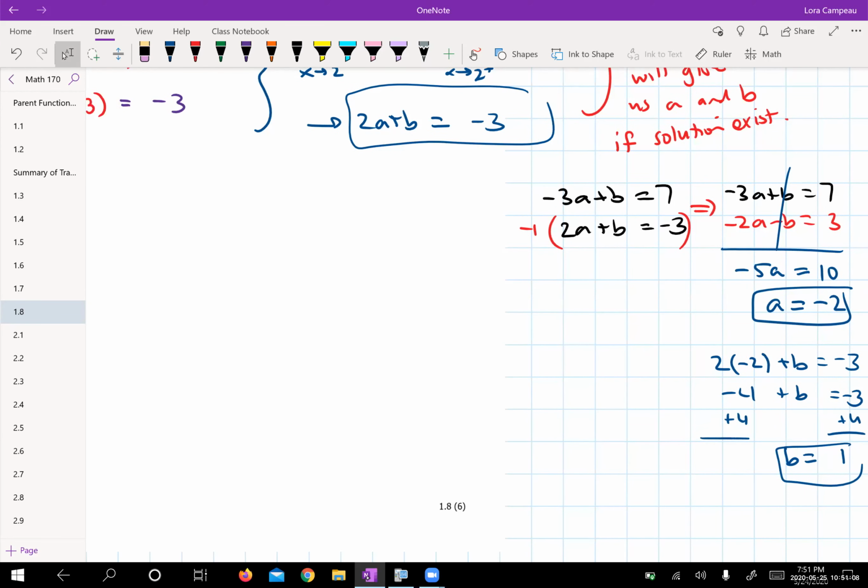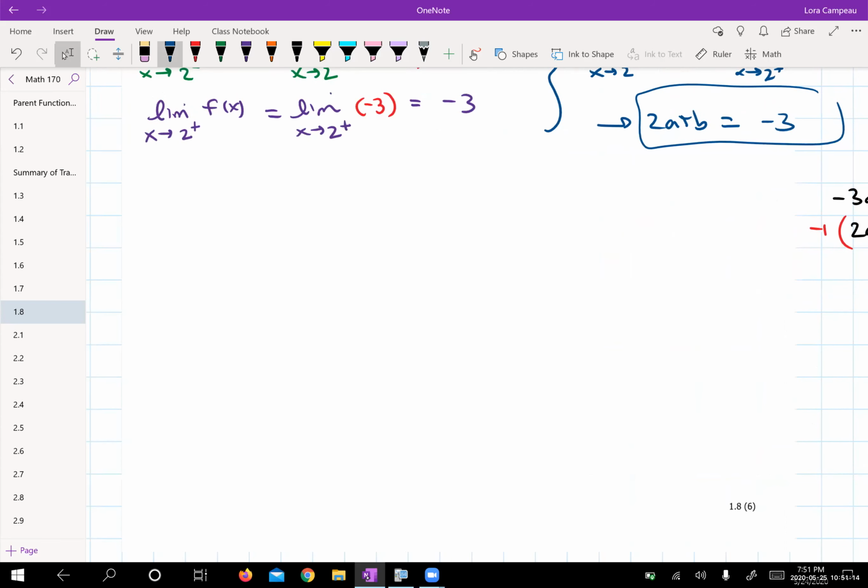We were trying to answer who A and B are. We had a solution that exists. So, to address the final part of the problem, therefore, if A equals negative 2 and B equals 1, F would be continuous everywhere.